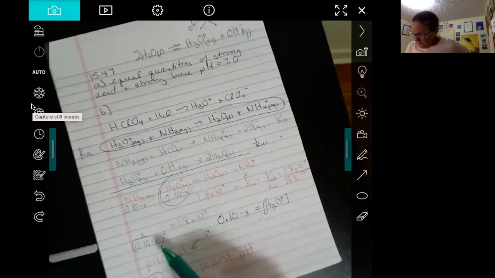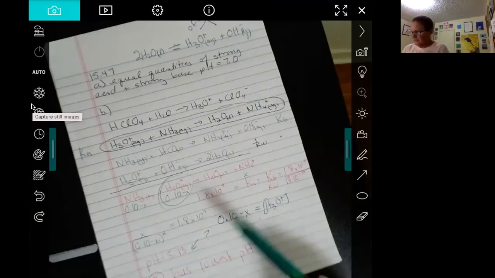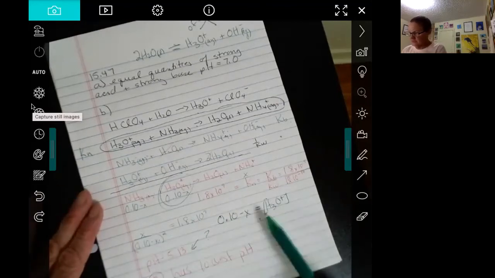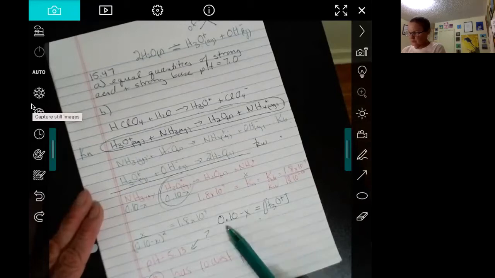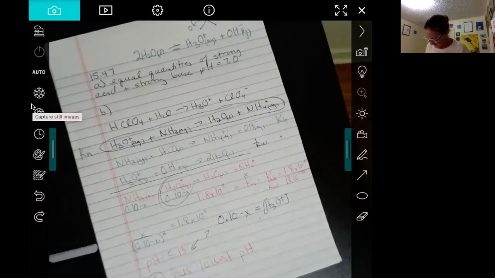I don't know why I did this one 2 or 3 days ago, and I can't remember. I should have written it all out clearly. So confirm that this pH goes with 0.1 minus X as the H3O plus, rather than making the error of just using X. And if that is true, then B has the lowest pH.